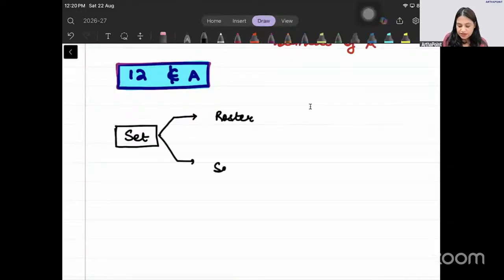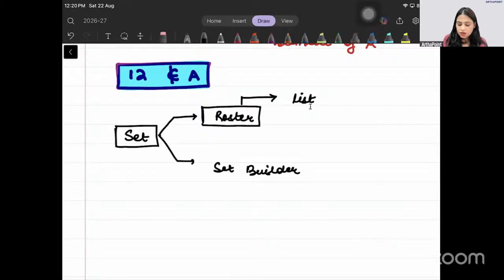One is called the set builder form. A roster form simply means that we will list the elements of the set. Like for example, A has elements 1, 2, 3. Then this is basically the roster form.